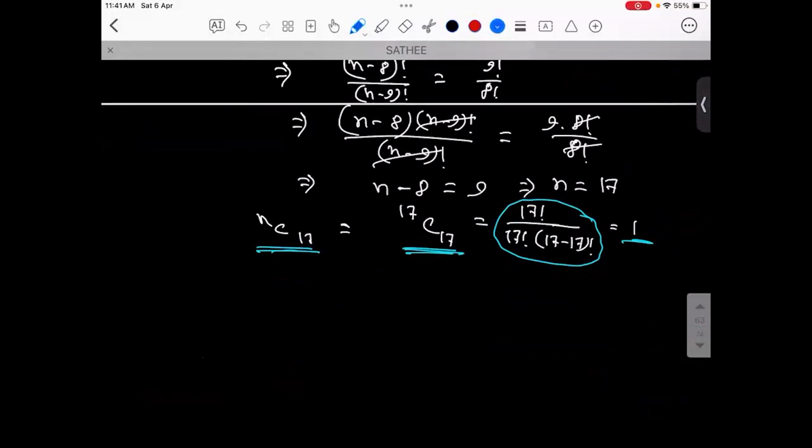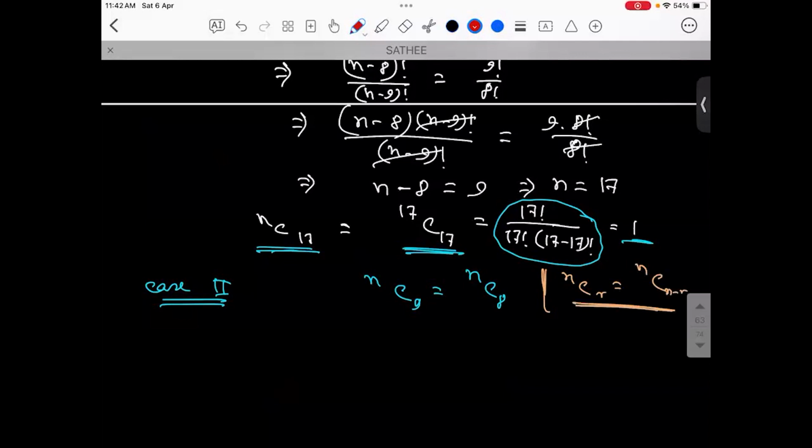So case 2. Given that nC9 is equal to nC8, and we know that nCr is equal to nC(n minus r). This holds, and this is given.